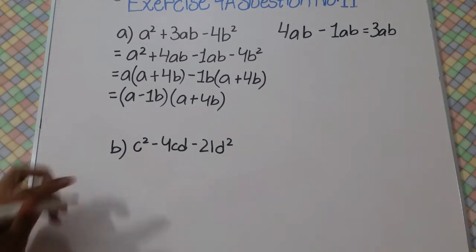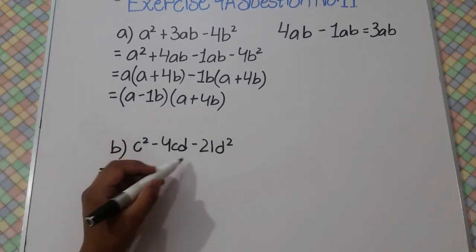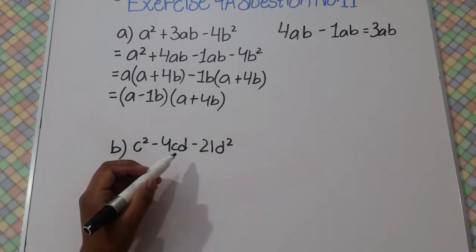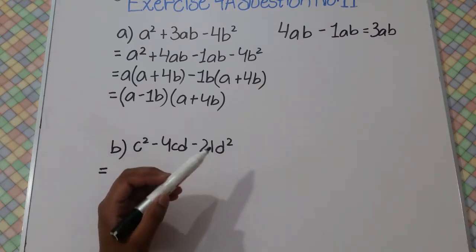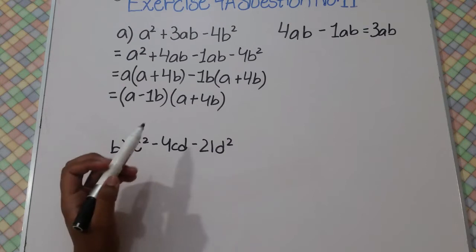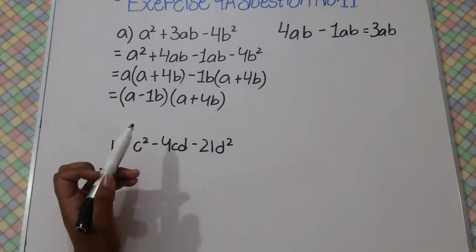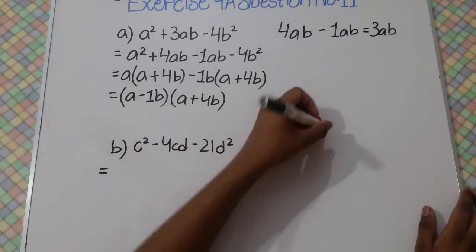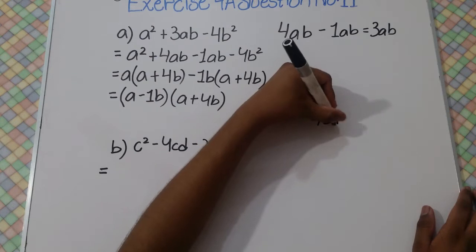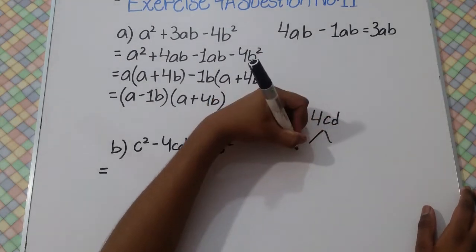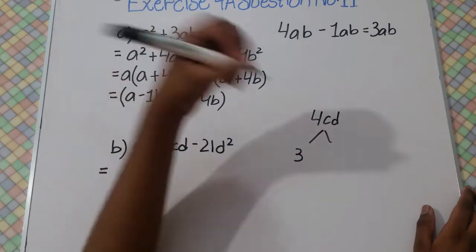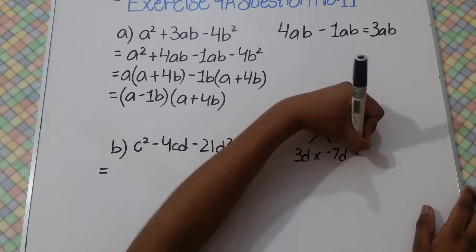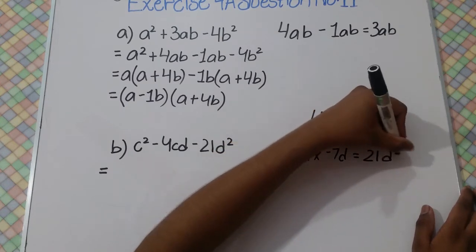Now in part B we need to follow the same steps. We need to find the middle term of c square plus 4cd minus 21d square. First of all we need to find the numbers. By multiplying those numbers we get 21 and by subtracting those numbers we get 4. If we multiply 3d with minus 7d, it would be minus 21d square.